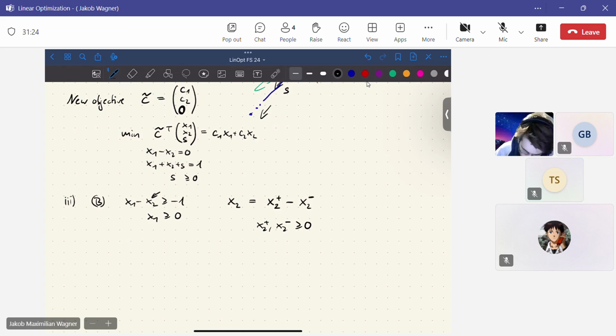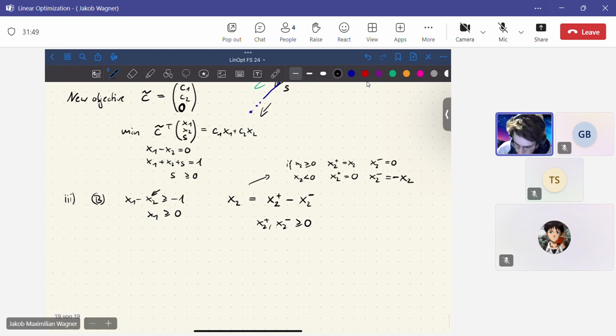And obviously, if my x2 is greater or equal than 0, then I can just set x2 plus to x2 and x2 minus to 0. The other way around, if x2 is less than 0, then you can set x2 plus to 0 and x2 minus to minus x2, which is then again something that's positive.